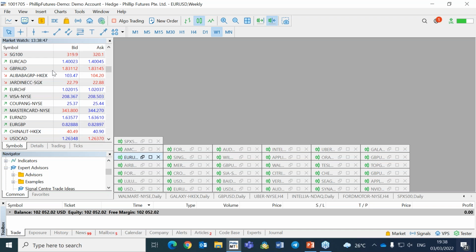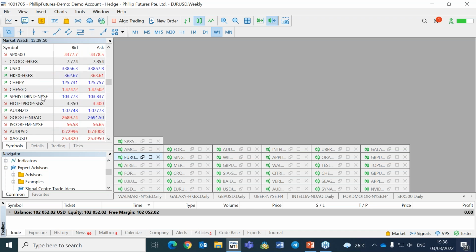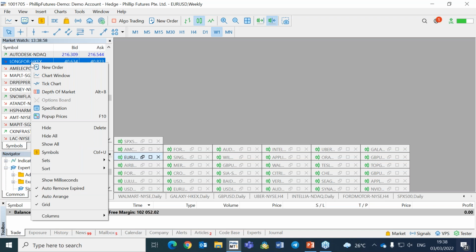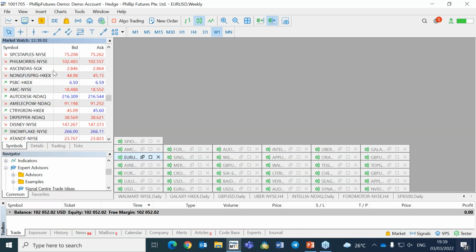Now you may see all the contracts here, but when you first download our platform, it may not look like this. What I did to display all the contracts here was right click here and choose show all. Okay, so then these are all the contracts that I have. I'll dive into how you can find more on the contracts later on. But this is the Market Watch panel.